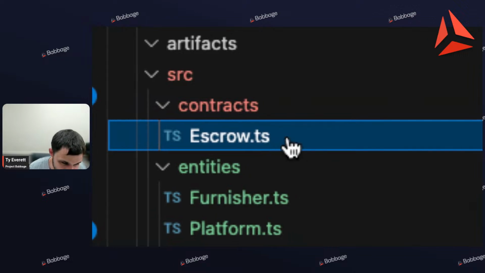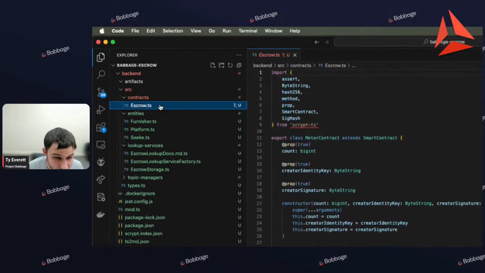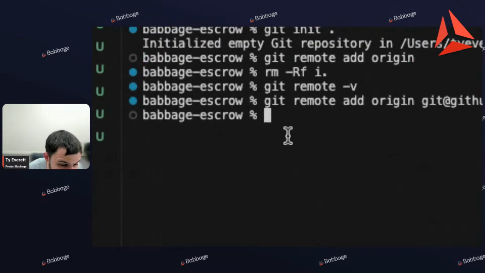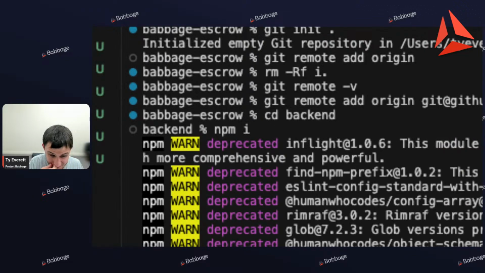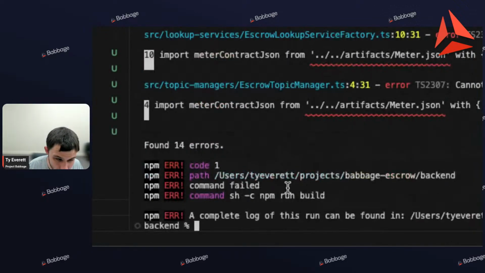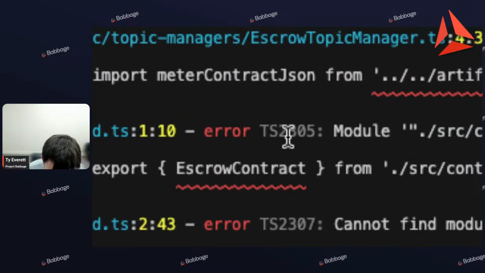The contract will be containing various methods. And to start this, we need to install our dependencies. And we got escrow contract.